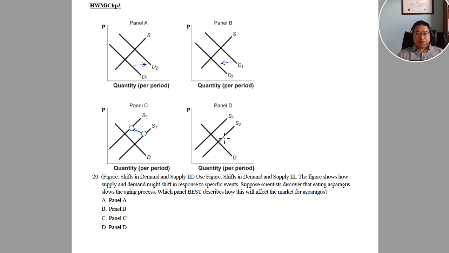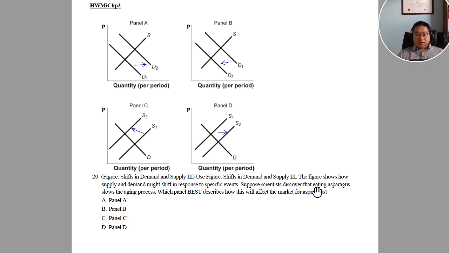Panel D is an increase in supply. 1 to 2 in each panel: 1 is the starting point, 2 is the ending point. So we have 4 different situations: increase or decrease, supply or demand.